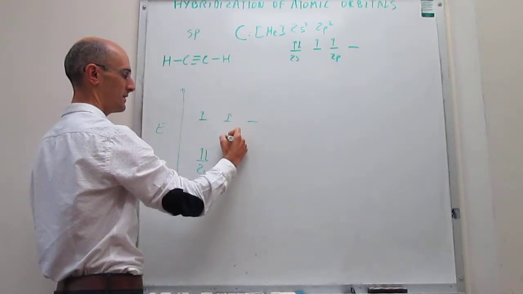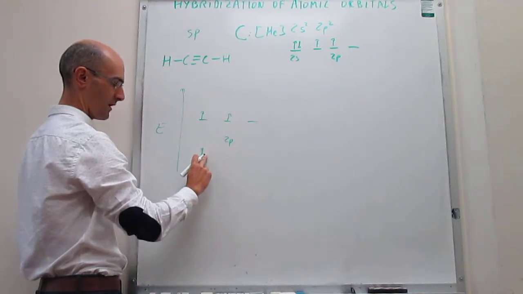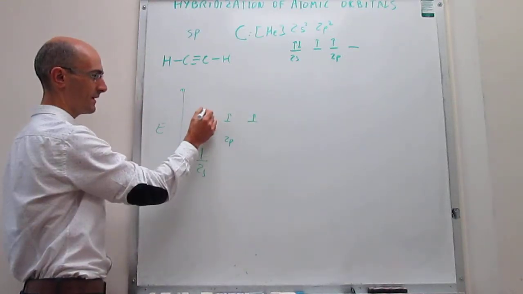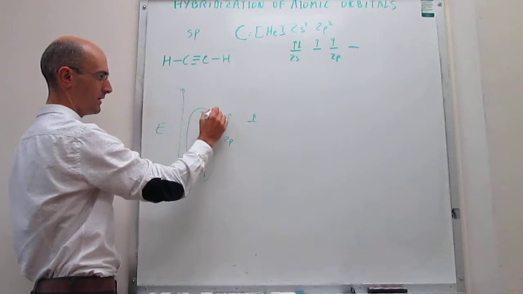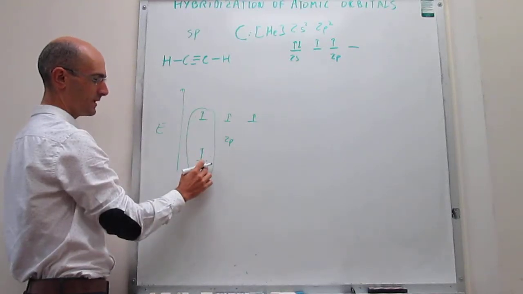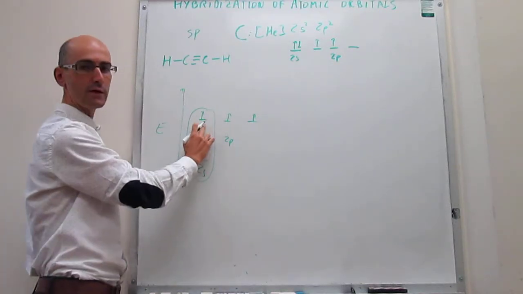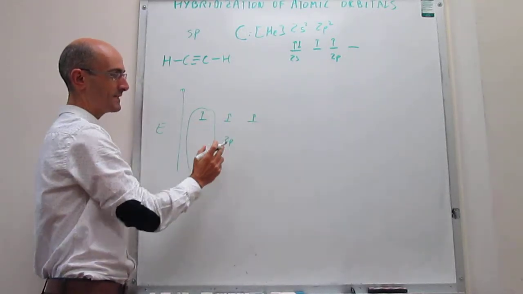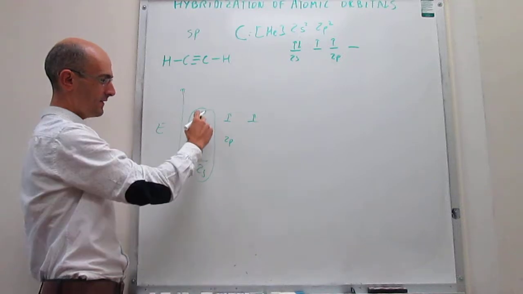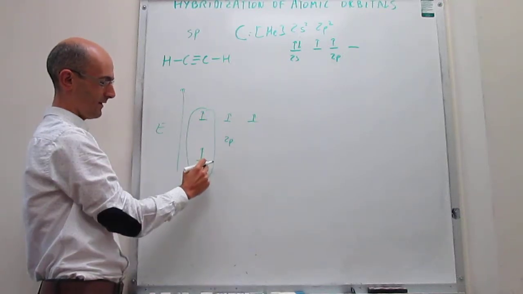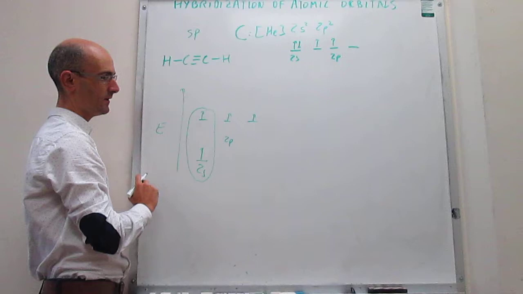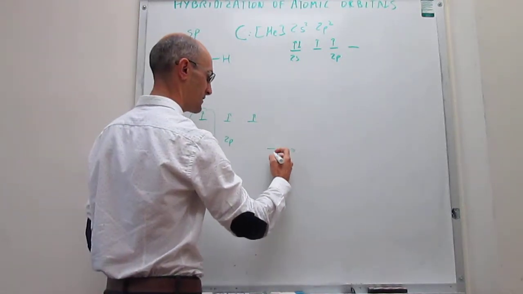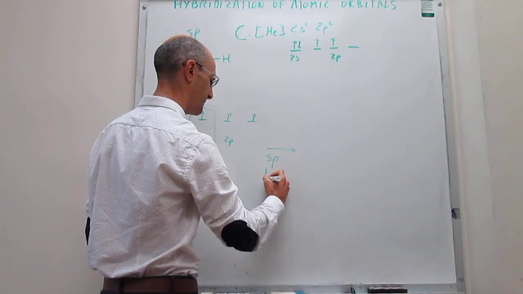That is the 2s, these are the 2p's, you promote that electron here, and then the idea is that in sp hybridization you are going to mix the 2s orbital with only one of the 2p's, and that means there will be two 2p's left unhybridized. The mixing of the 2s orbital and one 2p orbital is going to give you two new hybrid orbitals. So that is what we call sp hybridization.